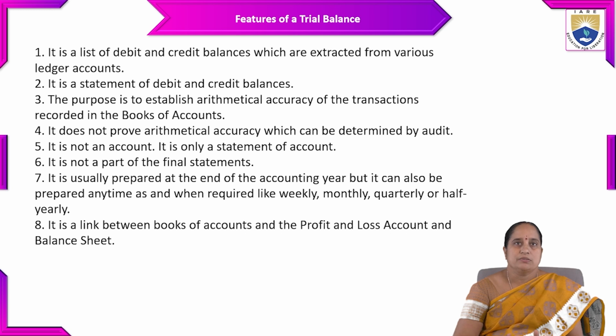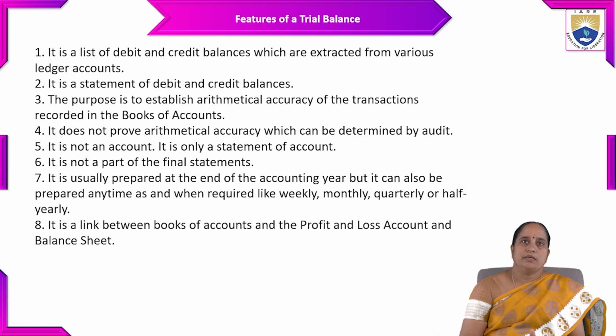It is not an account but only a statement of accounts. As the trial balance is a statement which tells us the debit and credit balances, it is not an account and cannot be audited by the auditor. Sixth, it is not a part of the final statements. Based on the trial balance, the management prepares the final statements.